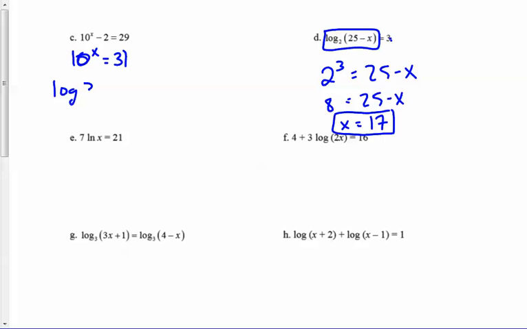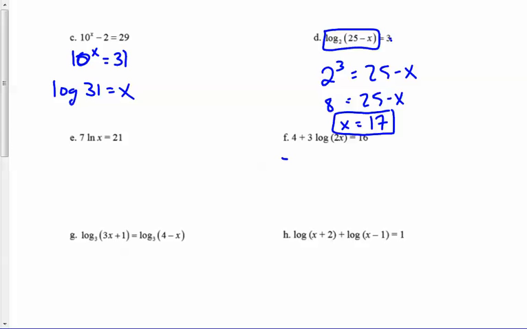Log of 31 equals x. Now my variable is free, right? So whenever your variable that you need is in an exponent, you rewrite it in logarithmic form. When the variable that you want is in a logarithm, then you rewrite it into exponential form. And by doing those two inverse operations, you're able to evaluate and isolate, right?